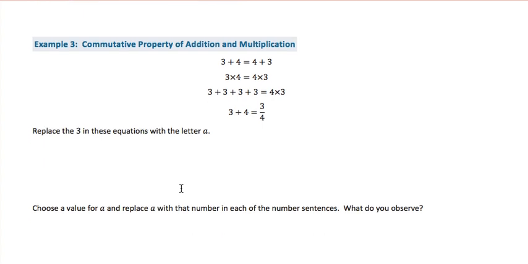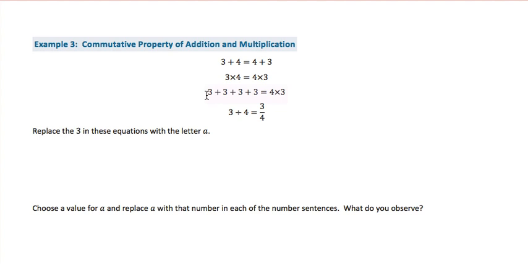Okay, a little review of the commutative property of addition and multiplication. 3 plus 4 is equal to 4 plus 3. Commutative property says that you can change the order of the numbers if you are adding, and the answer will be the same. The commutative property also applies to multiplication, so if we multiply in any order, the answer will still be the same.